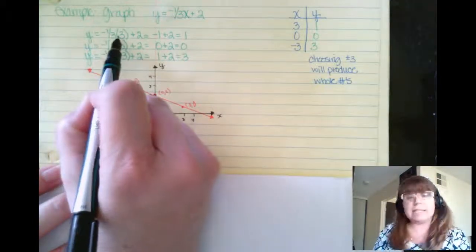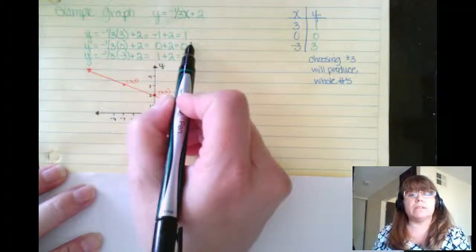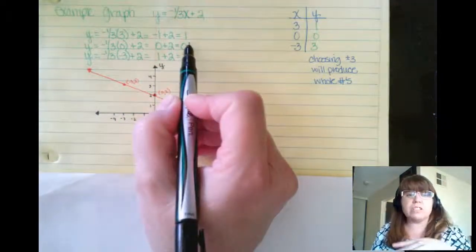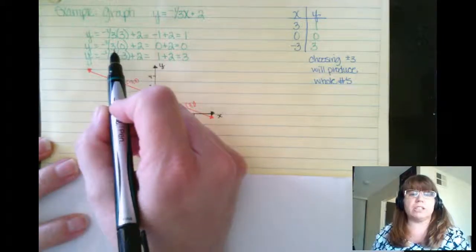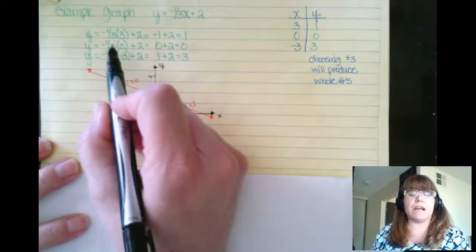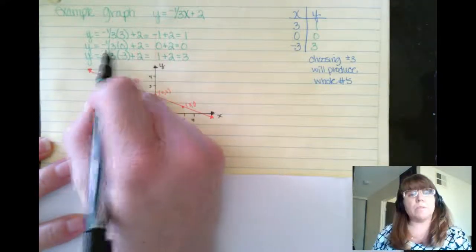Negative 3 times negative 1/3 is 1, plus 2 is 3. See how easy it is with fractions? Let's get rid of them. And 0 will always get rid of a fraction if we have a fraction times x. So 0 times negative 1/3 is 0, plus 2 is 2.